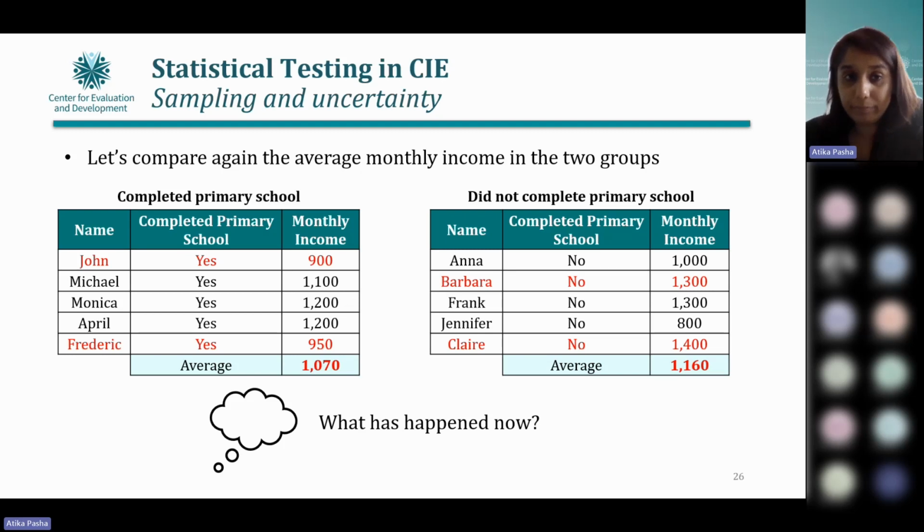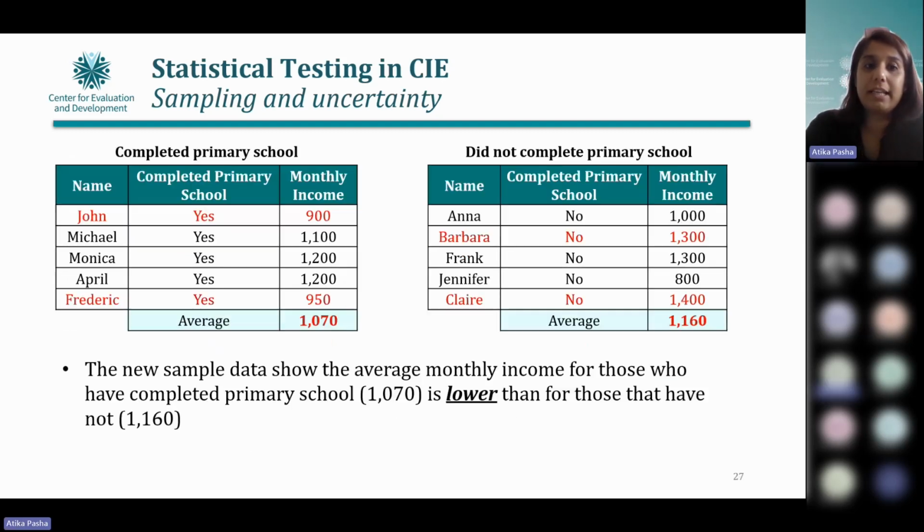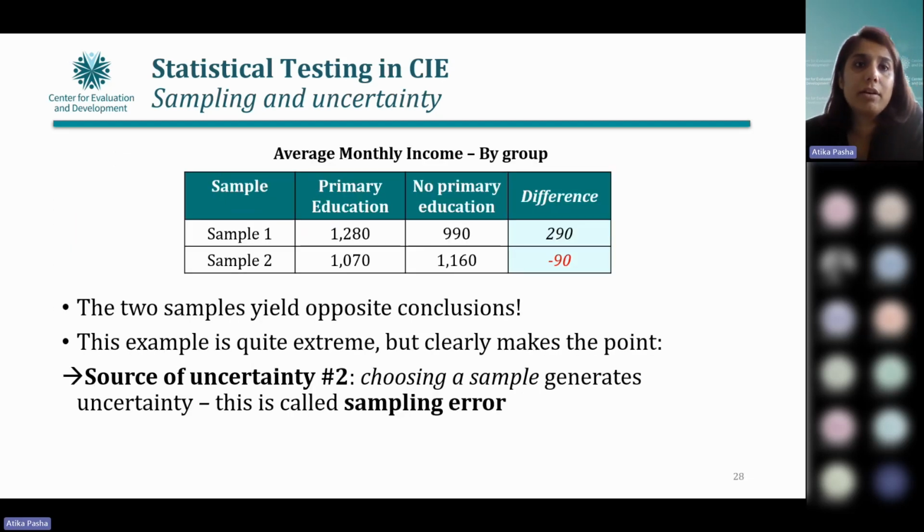What does this mean? It shows us in this case that actually the individuals who completed primary schooling earn lower than those who did not complete primary schooling. And that basically is the issue that sampling might introduce into your analysis.